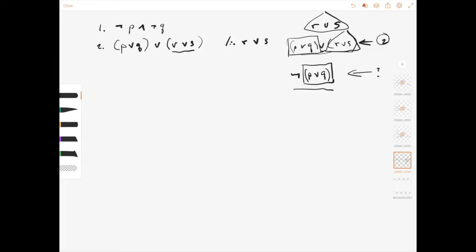The negation of a disjunction is logically equivalent to the conjunction of two negations. So it turns out that not P and not Q is logically equivalent to the expression that we need to make disjunctive syllogism work to derive the conclusion.